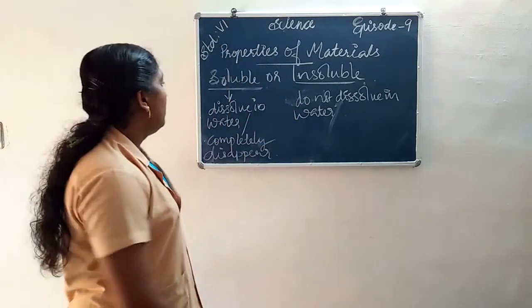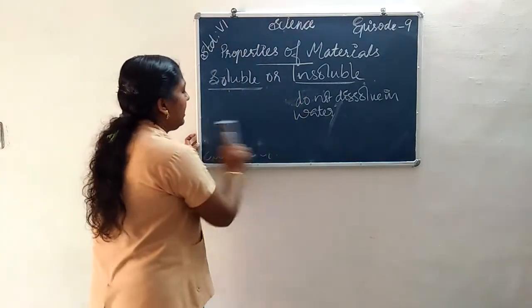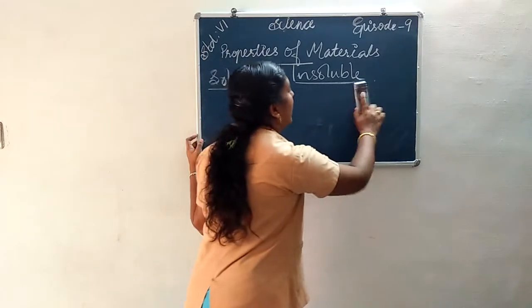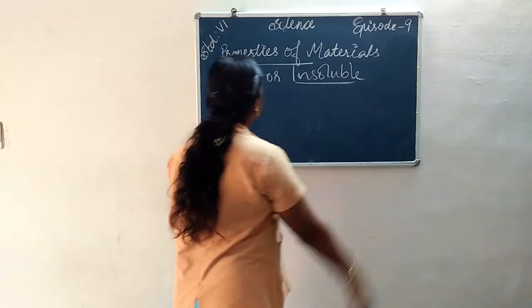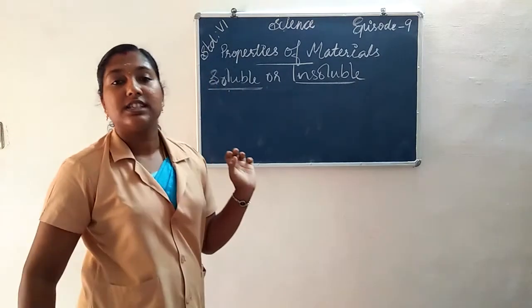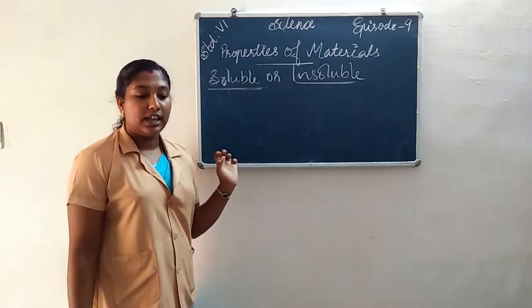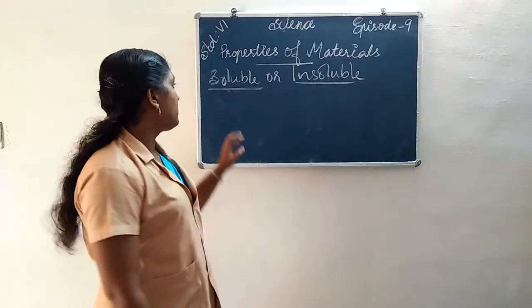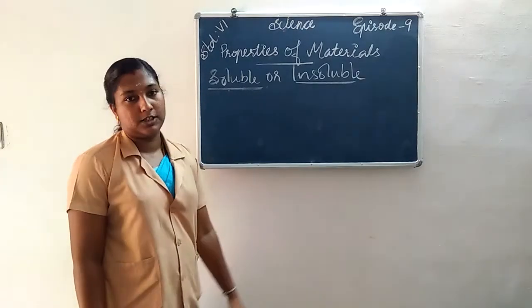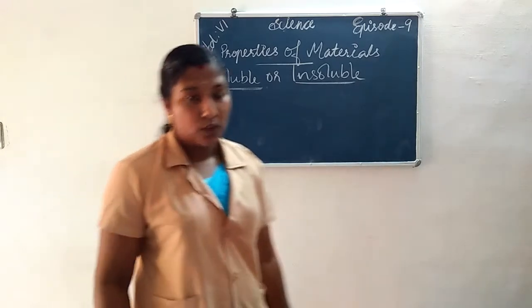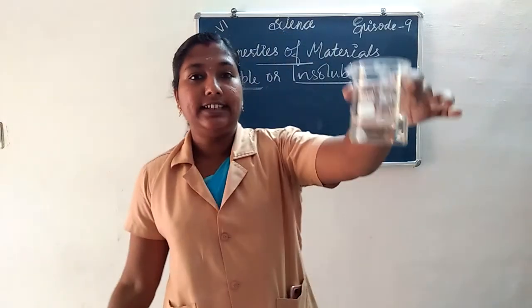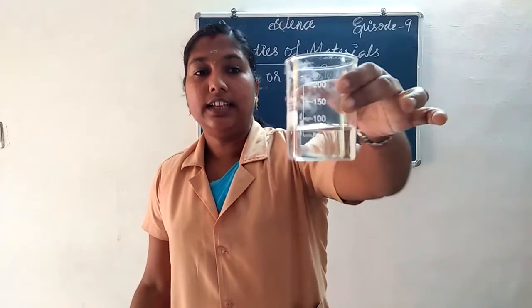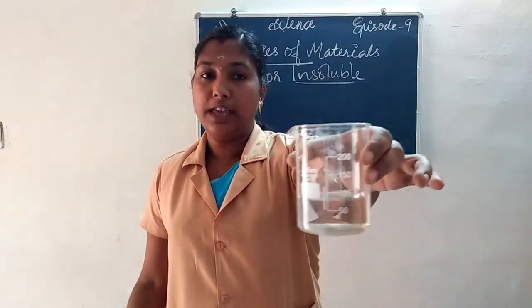Then here I will show you some experiments regarding soluble or insoluble substances. First of all, soluble substances. Here, all of you listen. I take a beaker, then take some water in the beaker.